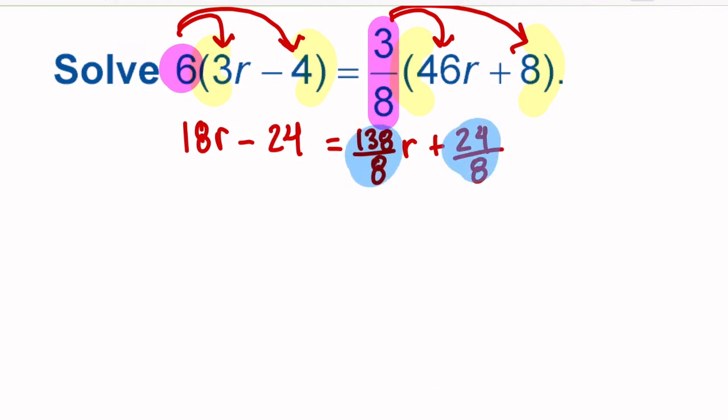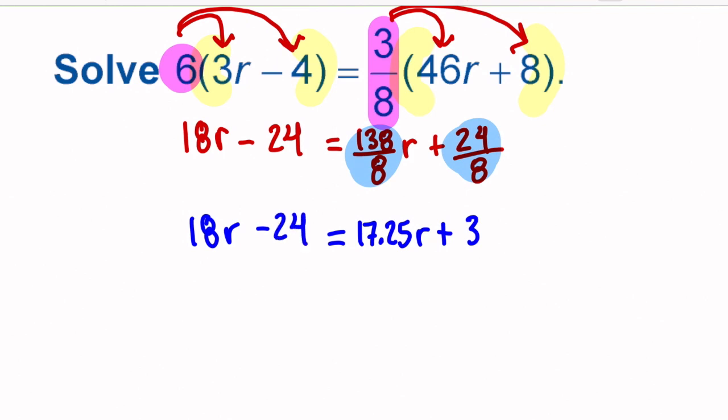Ideally, you want to keep the fractions to get an exact answer, but in this case, we're going to turn them into a decimal or a whole number. So 138 divided by 8 is 17.25, or 17 1/4. And then 24 divided by 8 gives us a whole number, which is good. So we get 3. And then on the left side, we bring down the 18r and the minus 24.